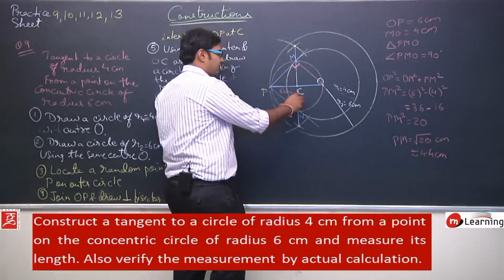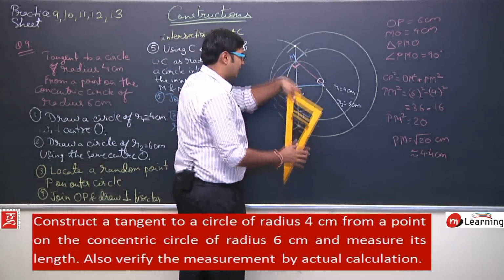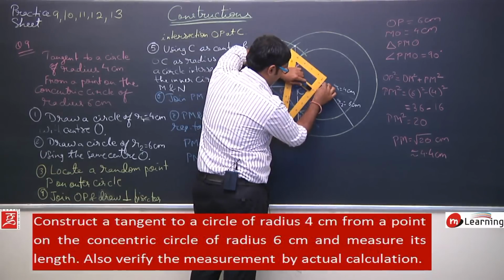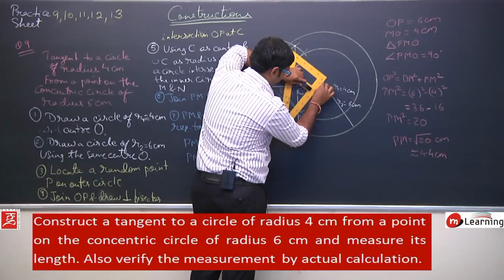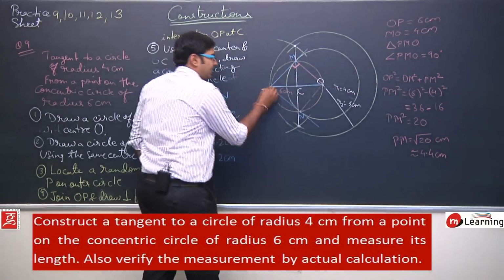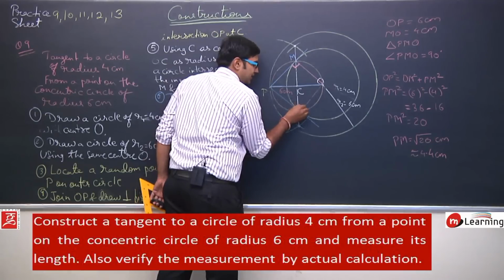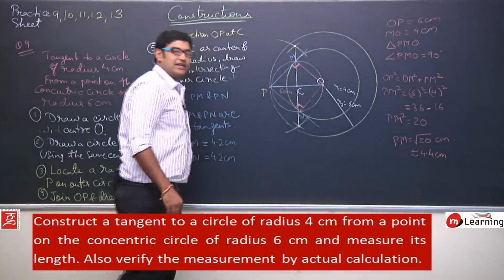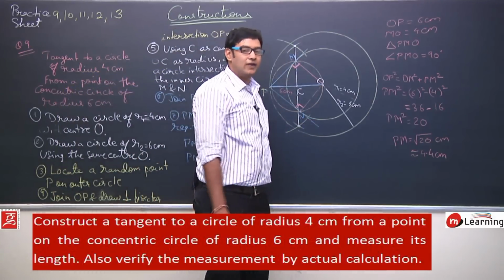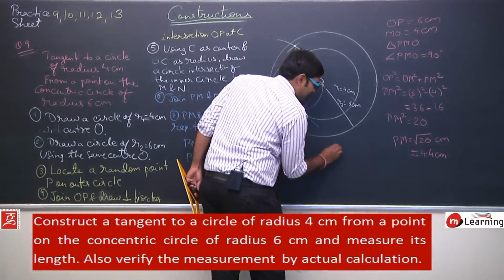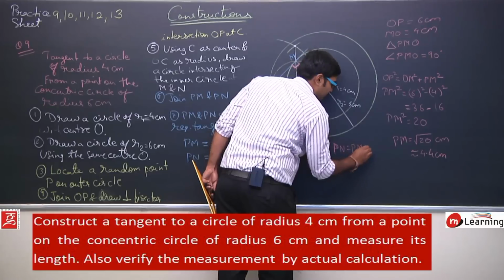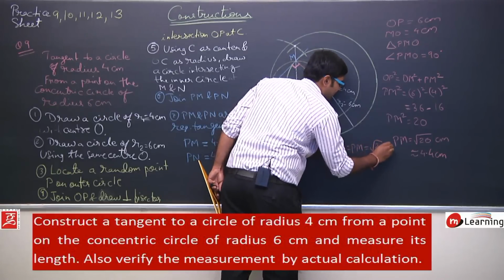And you can see similarly in the triangle PNO also, in triangle PNO, this angle is 90 degrees. By using the same kind of calculation, I will get that PN is equal to PM is equal to square root of 20 centimeters.